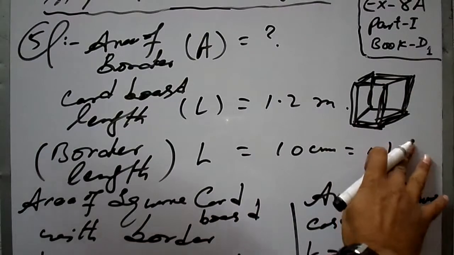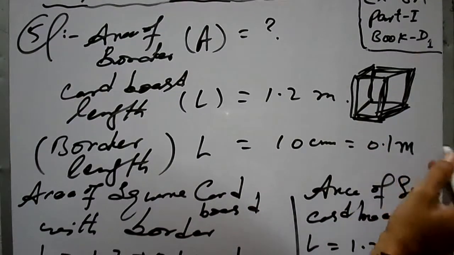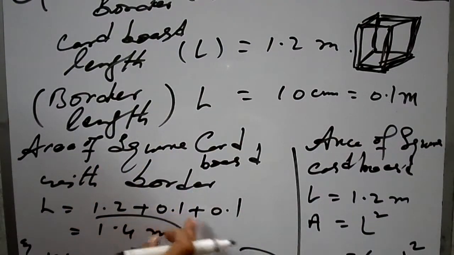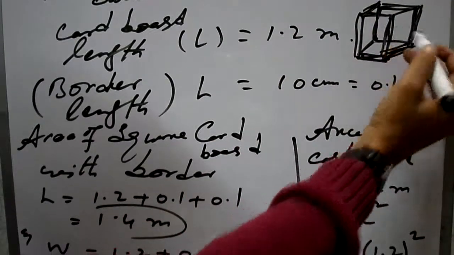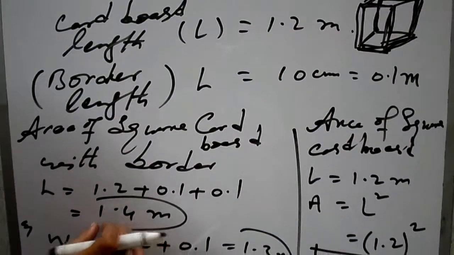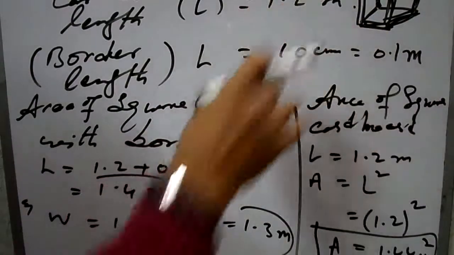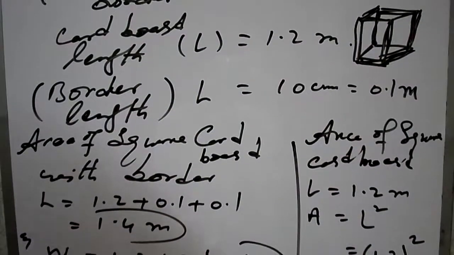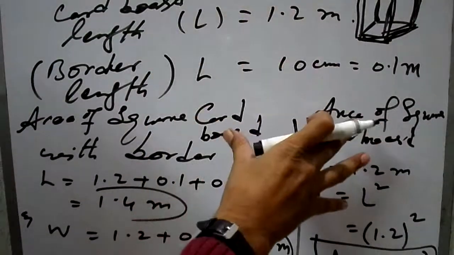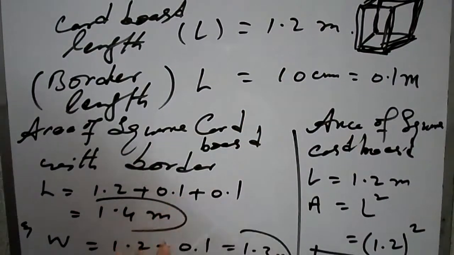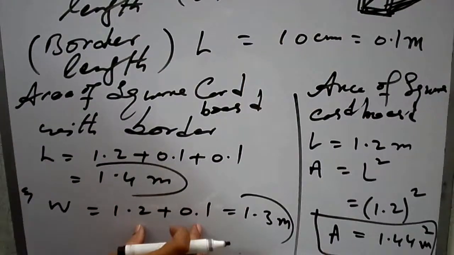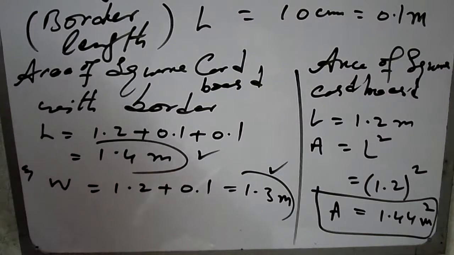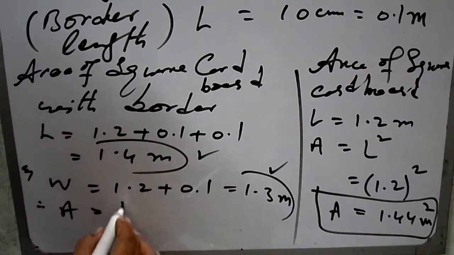When we find the length with border, 0.1 is added on two sides, so length will become 1.4, and in width only 0.1 is added, because when we read the statement, the author of the question says that three sides have a border, so two sides having length and one side to the width border to be added, so that's why the new length and new width becomes this one.